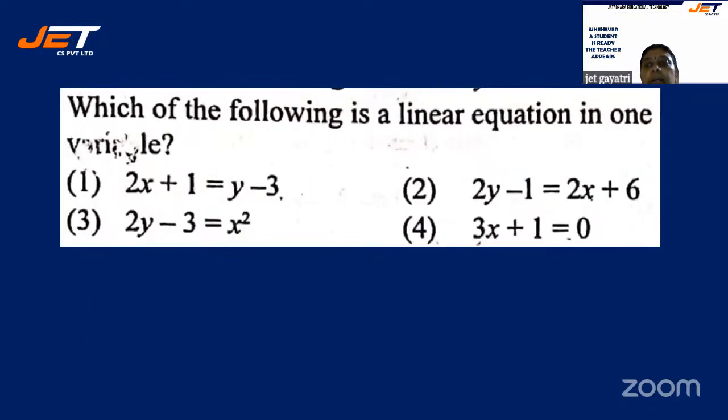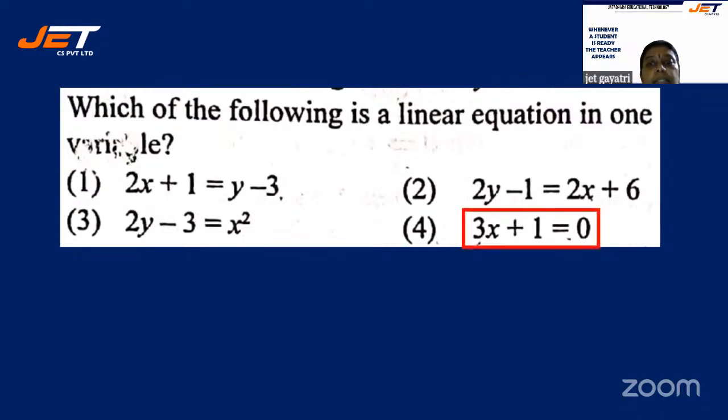The next question, which of the following is a linear equation in one variable? So just now we saw what a linear equation is, right? The one where x and y should not have power.